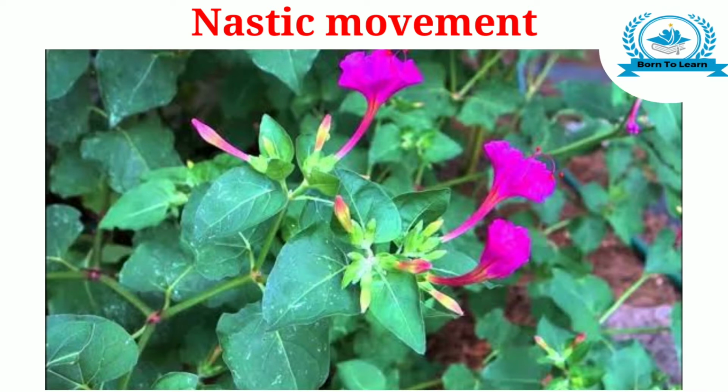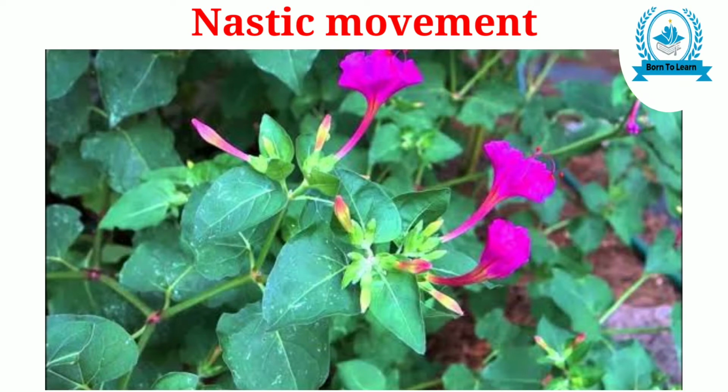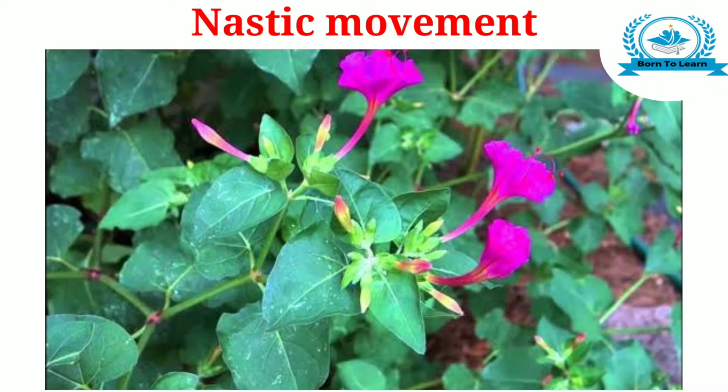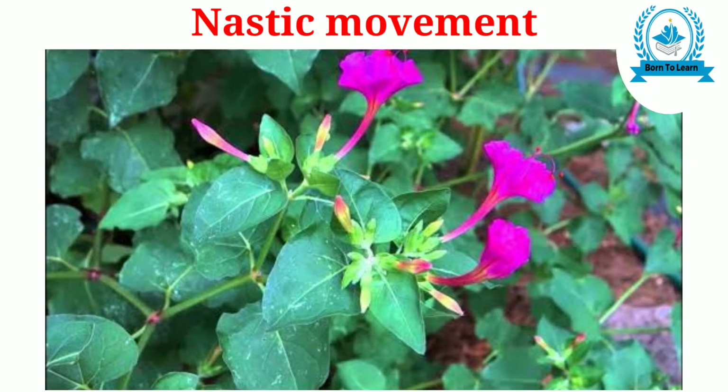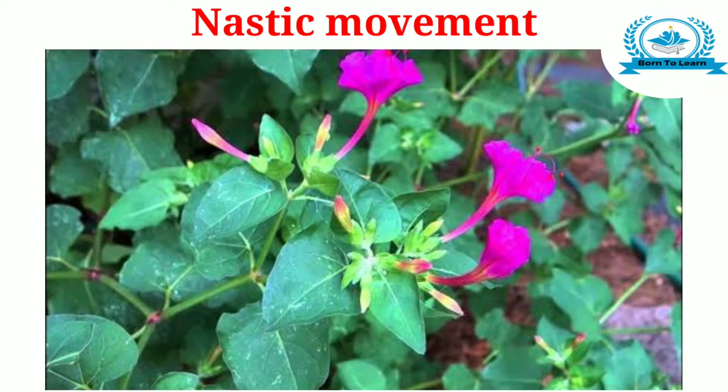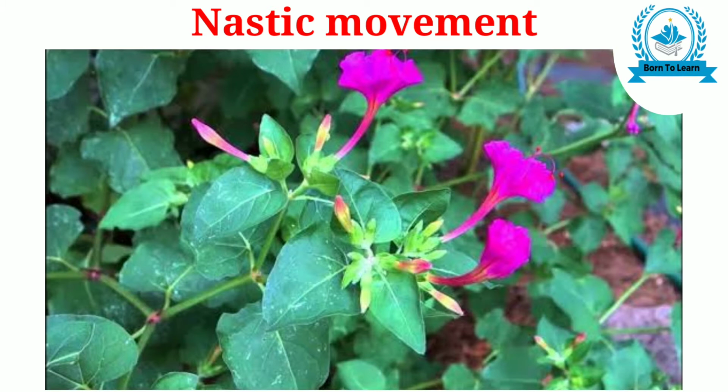Please note that though all tropisms are growth movements, all nasties or Nastic movements are not growth movements. Nastic movements may not be growth movements. For example, the folding up of the leaves of a sensitive plant on touching is not a growth movement, but the opening and closing of petals of flowers by action of sunlight is a growth movement.